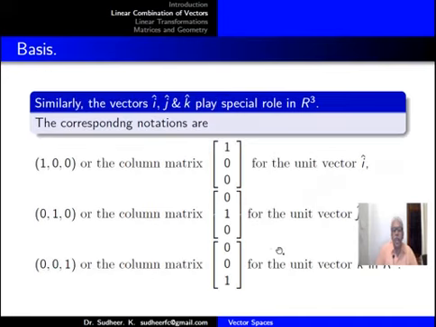And in R3, similar notations are there. i is represented by the triple (1, 0, 0) or the column matrix (1, 0, 0). (0, 1, 0) will be the representation for j or the column matrix (0, 1, 0). Similarly, for the vector k, the representation will be the triple (0, 0, 1) or the column matrix (0, 0, 1).